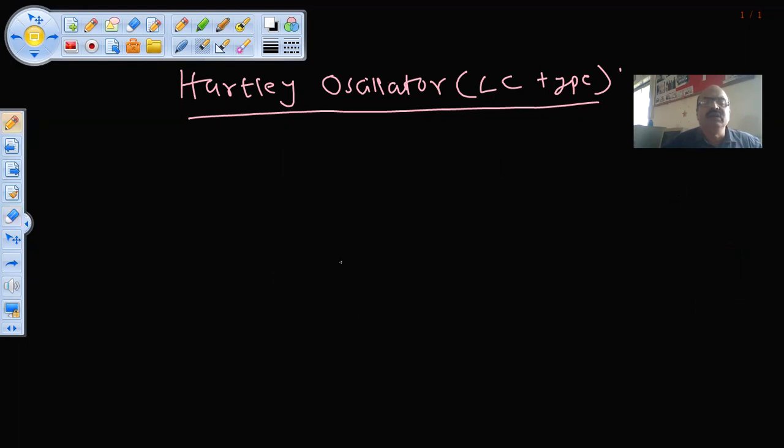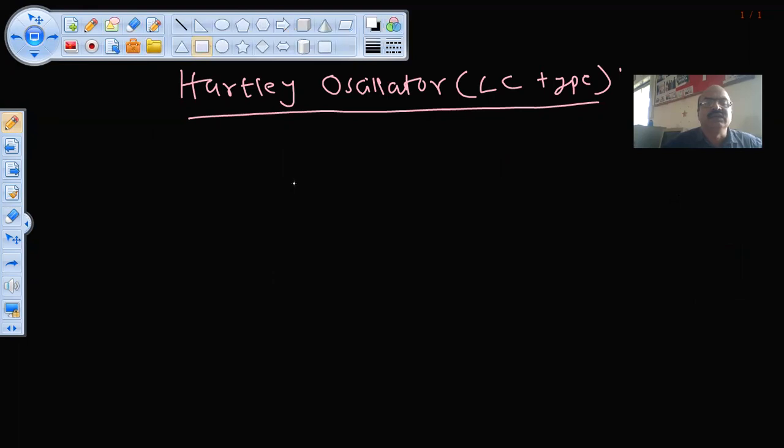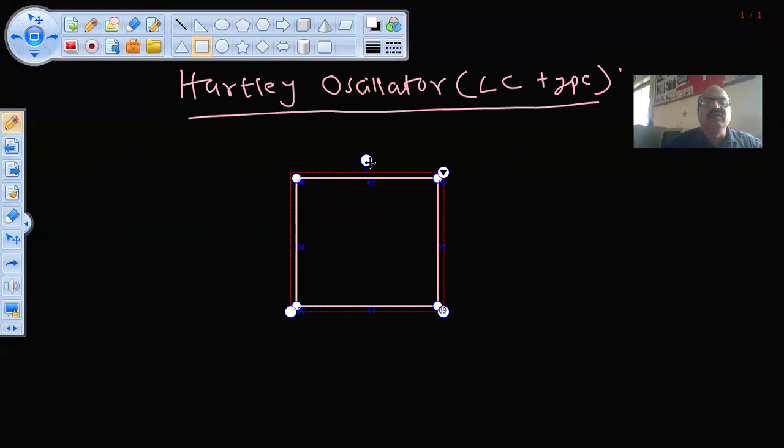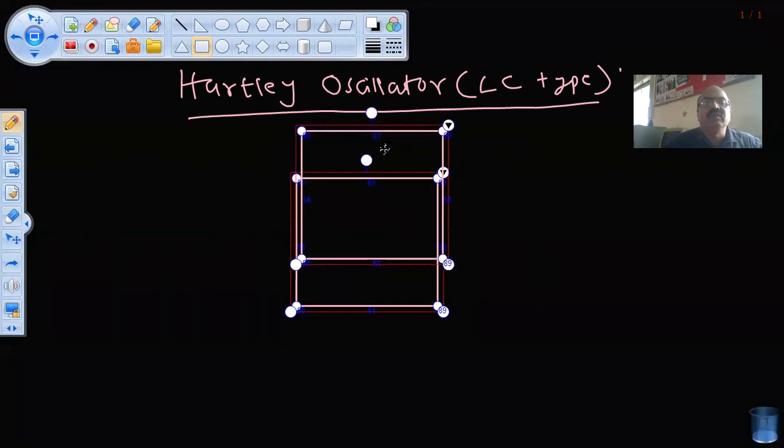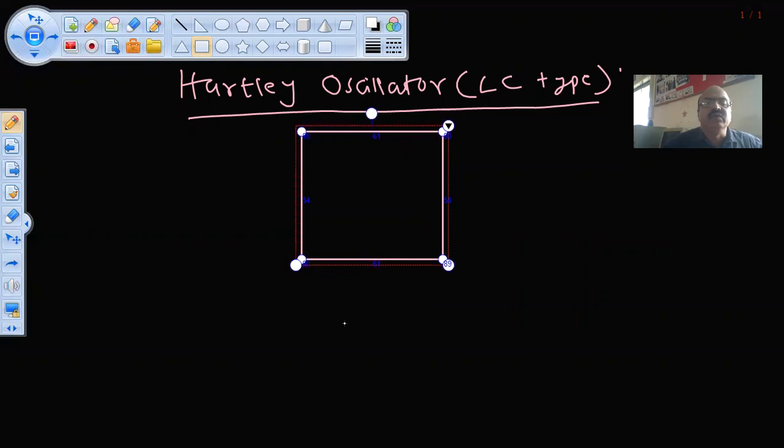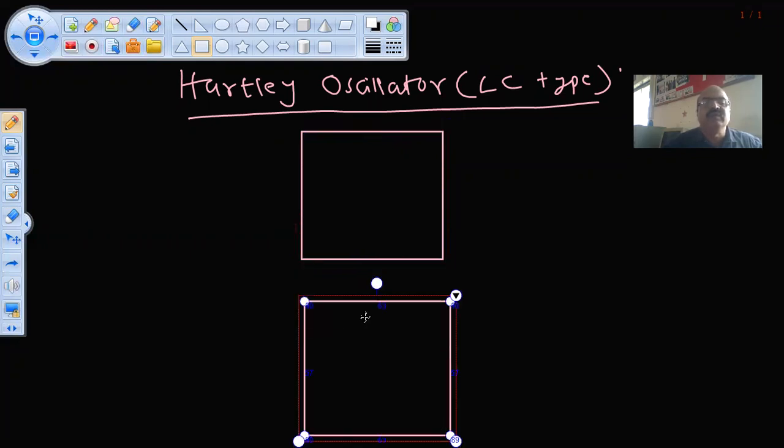So now we start with the Hartley oscillator. So what is the basic diagram of the Hartley oscillator? As we know, there is a basic amplifier. Just now I have drawn. This is a basic amplifier. And there is also a feedback network. This is the feedback network. Okay. This is the output of the basic amplifier.